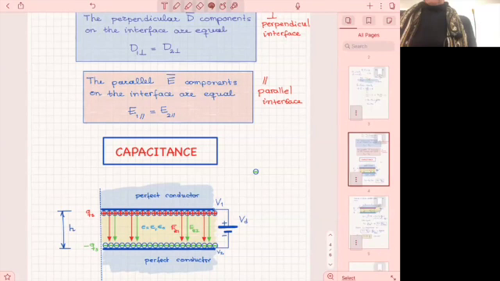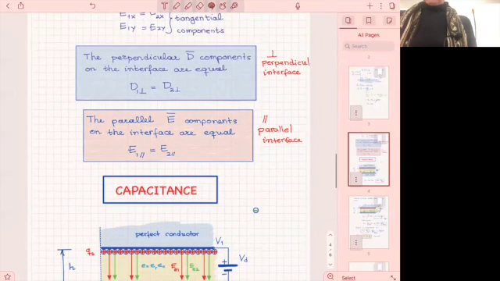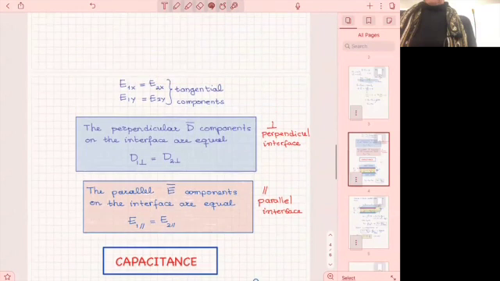So the most important thing is to remember these two formulas, which only talk about what is continuous: the perpendicular component of D, and the parallel component of E. These are the boundary conditions on an air dielectric interface.